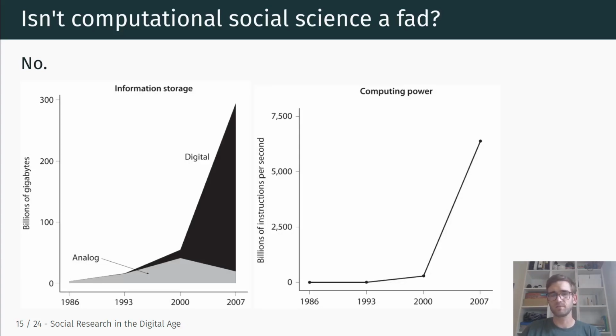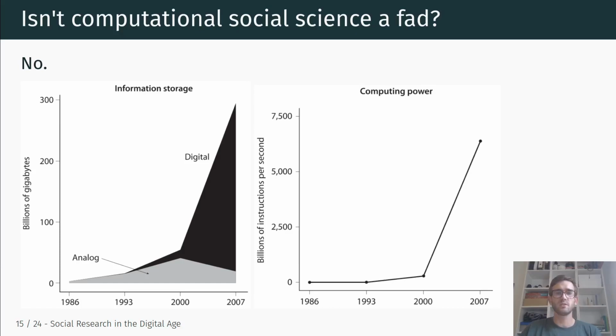These are some figures from the book, and this is just data until 2007, actually, where we see how both information storage and computing power over the past 20 years increased exponentially. So these are fundamental and systemic changes that are there to stay.